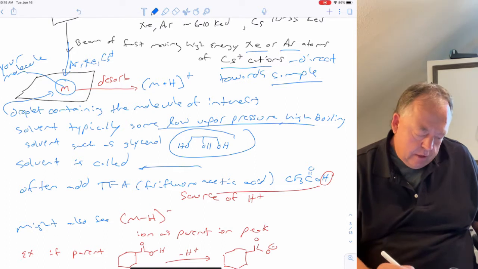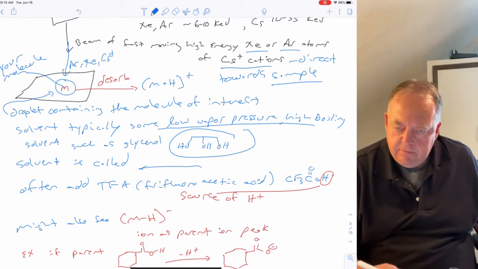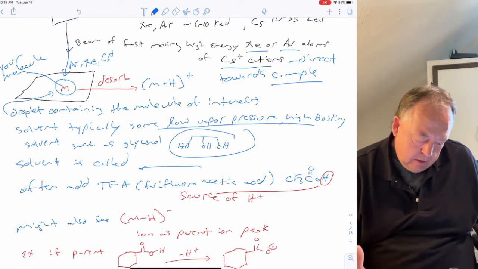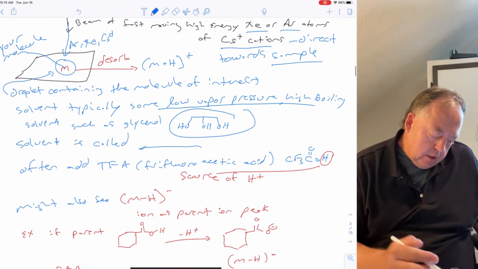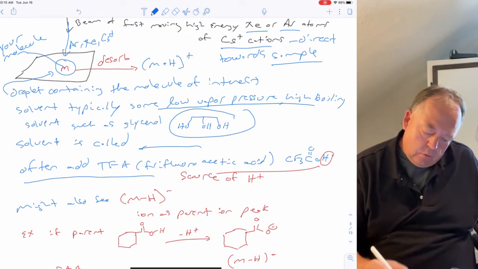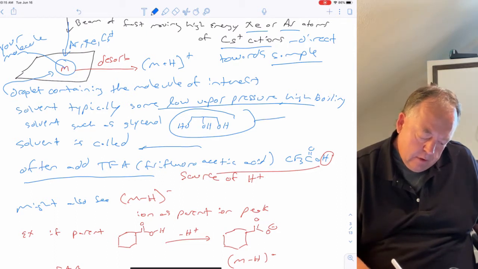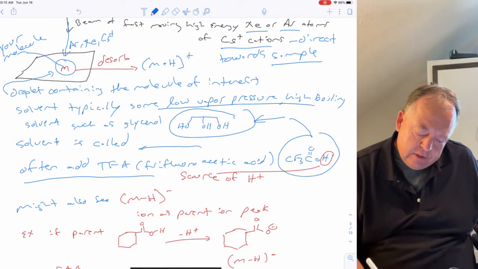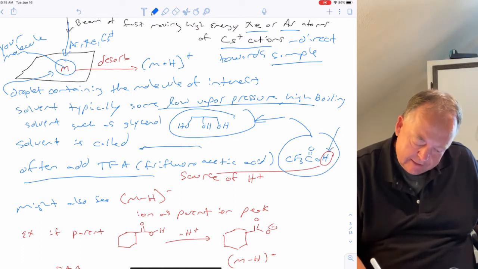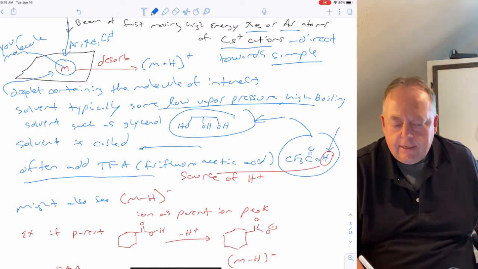So your molecule then will typically go into the gas phase and pick up a proton in the process. Where does the proton come from? So you often add trifluoroacetic acid to your sample. So take your sample, dissolve it in glycerol, add some trifluoroacetic acid to it, and trifluoroacetic acid has an acidic hydrogen.